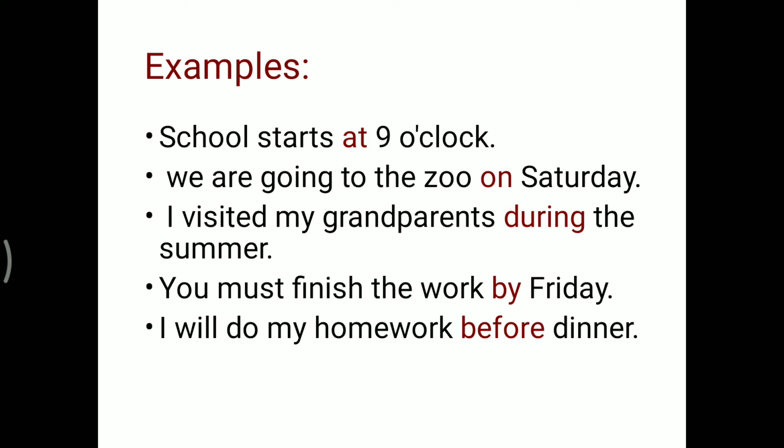I visited my grandparents during the summer. You must finish the work by Friday. I will do my homework before dinner. Look at that: at, on, during, by, before. All those indicate time. So these are called prepositions of time.